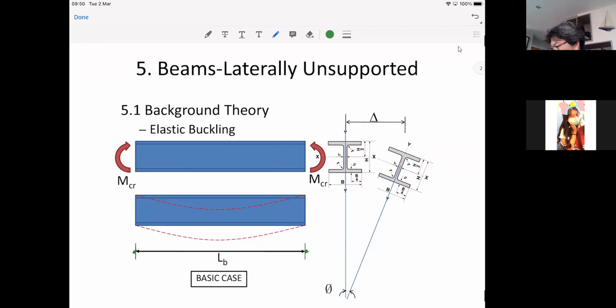Say this is the side view. It can move from the center line here sideways. And by doing so, it cannot just move there, it has to twist as well, right? So if you look at the front view, you will see that your beam moves to the side and then twists.